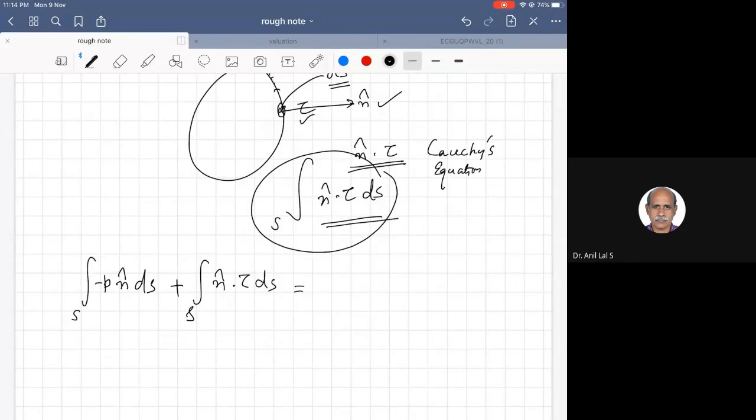This is equal to the integral over the volume of dou rho u by dou t dV, plus the integral over the surface rho u u dot n dS. So this is the condition.